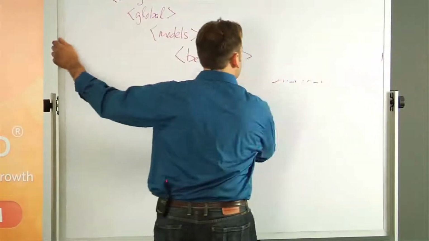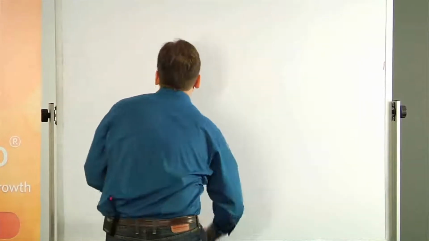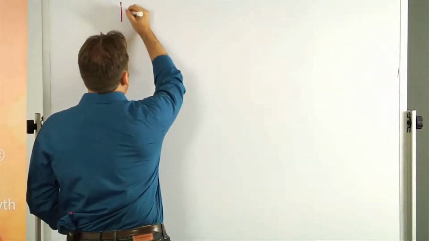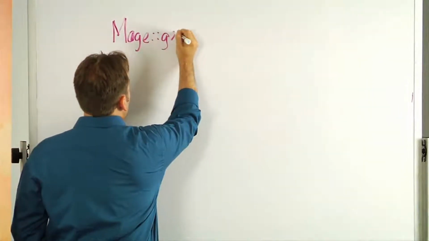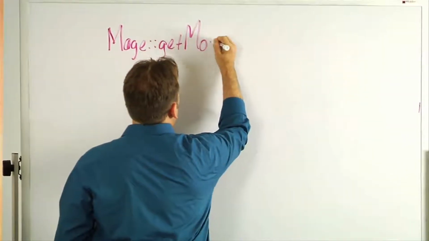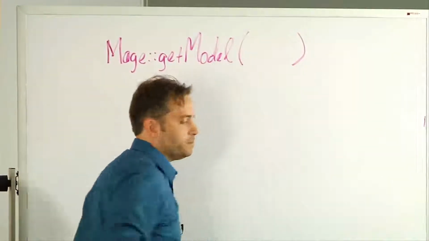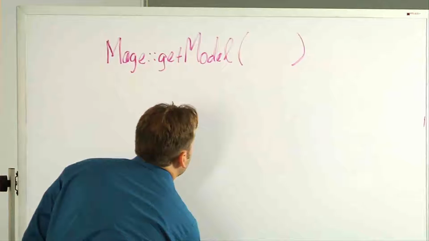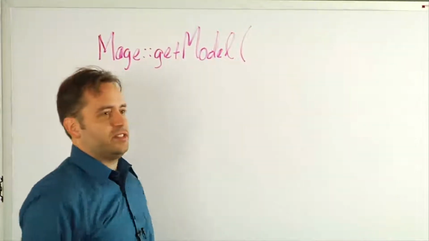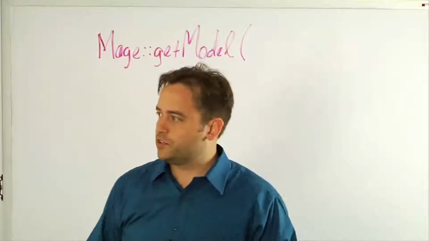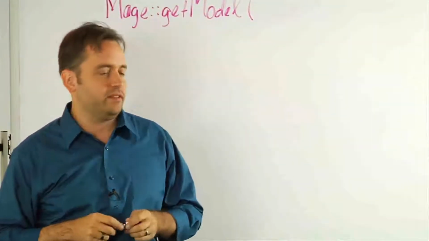What type model translates to is Mage::getModel. You can also specify object, but don't. I don't know why that's in there, and I'm sure it's deprecated. If not explicitly, it's just never used.